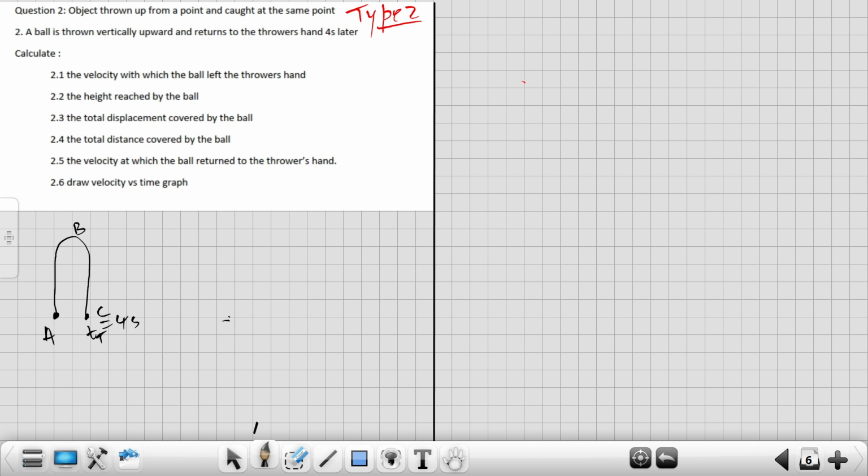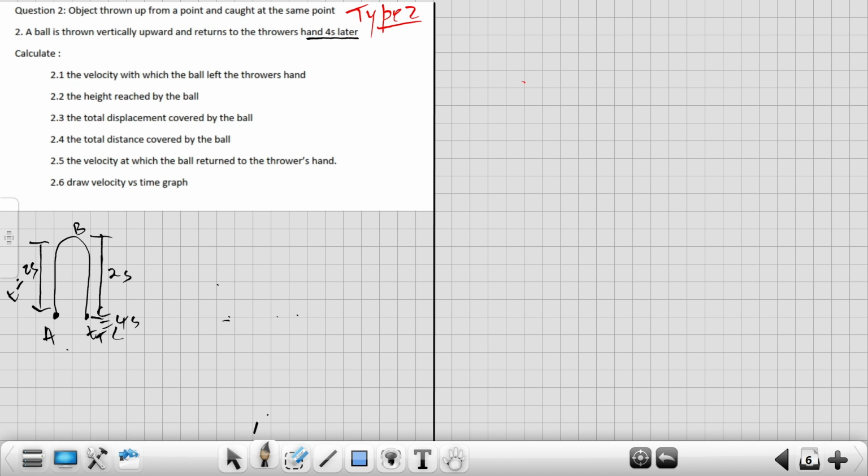So if T is 4 seconds, it basically says from here to there and from there to here, so I know my T should be 2 seconds, and then I also have 2 seconds on this side.